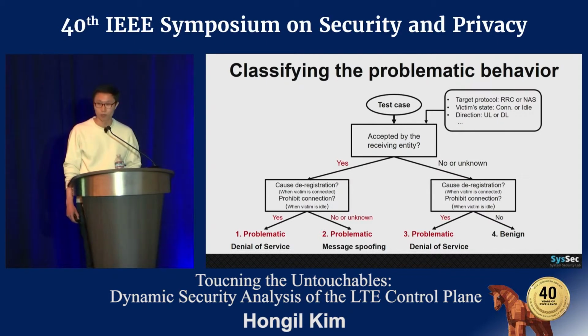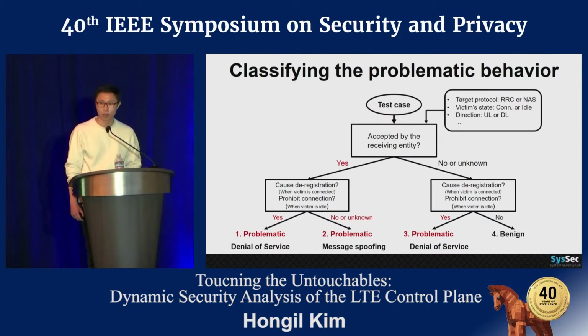So we developed a simple decision tree like this. Here, if all the test cases are invalid, they should be silently dropped, as in case 4, benign, and all other test cases are classified as problematic: case 1, case 2, and case 3. For example, case 2 means a test message with a spoofed ID is accepted in the receiving entity, for example, the MME.